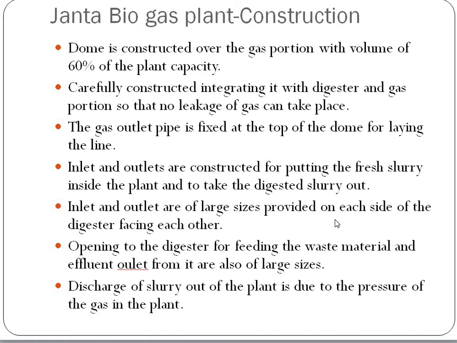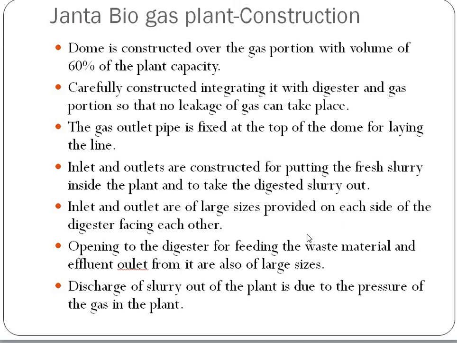Inlet and outlet are constructed for putting fresh slurry inside the plant and taking the digested slurry out. Inlet and outlet are of large sizes, provided on each side of the digester facing each other. The opening to the digester for feeding the waste material and the effluent outlet from it are also of large sizes. Discharge of slurry out of the plant is due to the pressure of the gas in the plant.